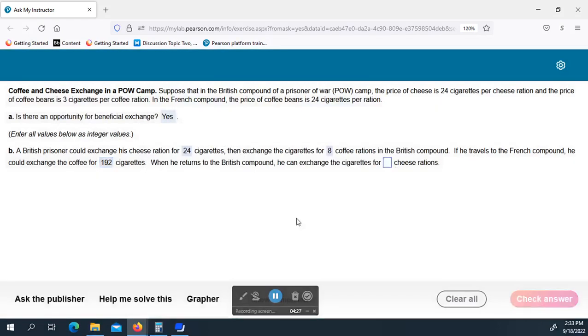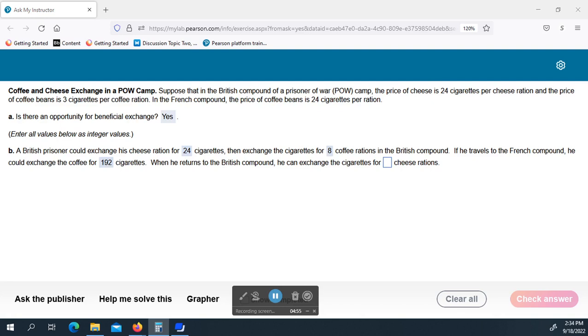Okay? And then he goes back to the British compound, where he can exchange the cigarettes for how many rations? Well, back in the British compound, it's 24 cigarettes per cheese ration. So he spends 24 on 1, 48 on 2, and all the way up to 192. Dividing is easier than walking through it that way.